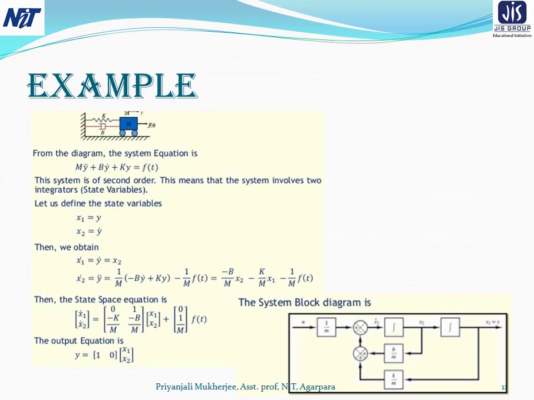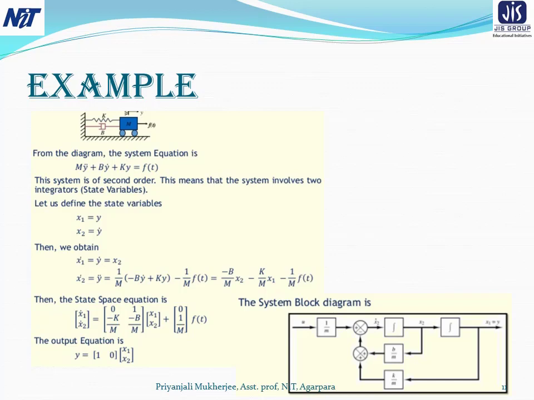Now we can put the values of y dot in this equation. So we get minus b by m into x2, minus k by m into x1, plus 1 by m into f(t). So we get two equations. The first one is x1 dot equal to x2, and the second one is x2 dot equal to minus b by m x2 minus k by m into x1 plus 1 by m into f(t).